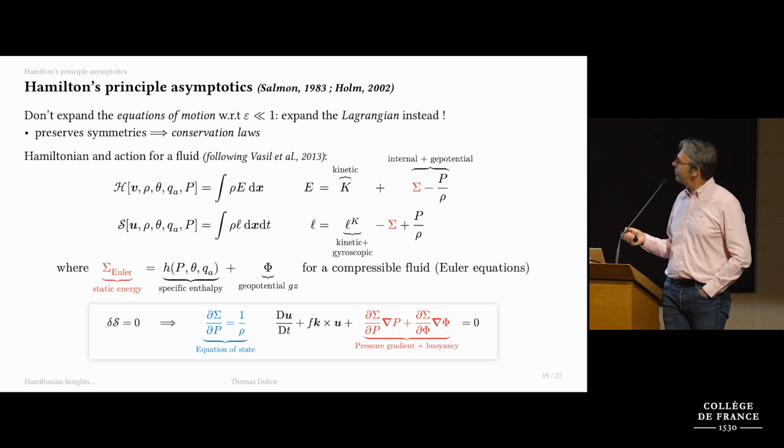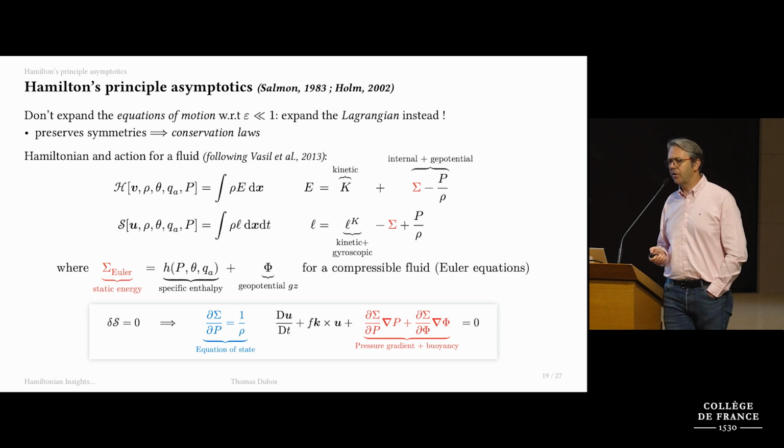So for instance, in a fluid, total energy, if I call E energy per unit mass, rho is still mass per unit volume, you will have one part which is kinetic, and the other part which is internal plus geopotential. Sorry, there's a missing O here. So internal energy, I can write it as enthalpy minus P over rho.